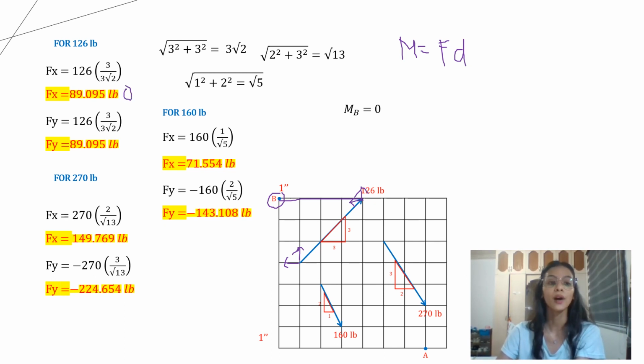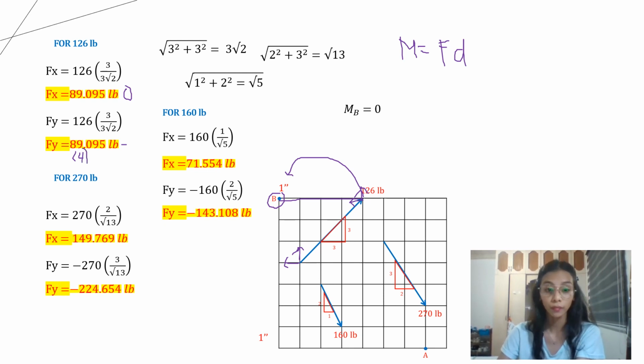Our Fy is 89.095 pounds, counterclockwise. Then count the boxes: 1, 2, 3, 4. So it is negative, and it is times 4.